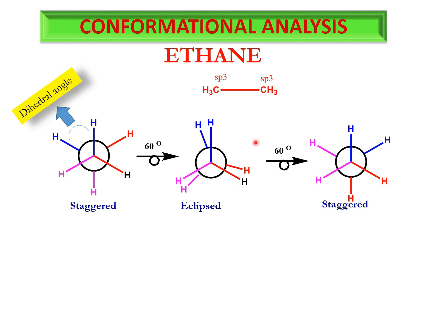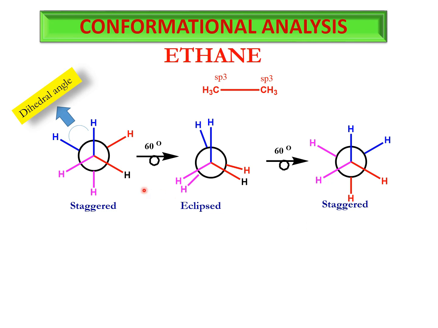Otherwise, they are the same hydrogen atoms, and whether they are in red color or blue color, it doesn't make any difference. So this staggered conformation is exactly the same as this staggered conformation, and this is an eclipsed conformation that is different from the two.